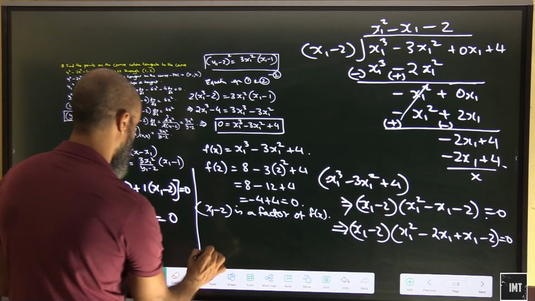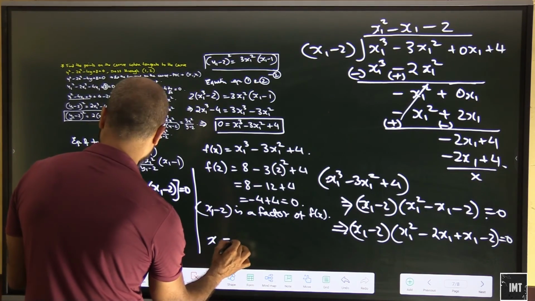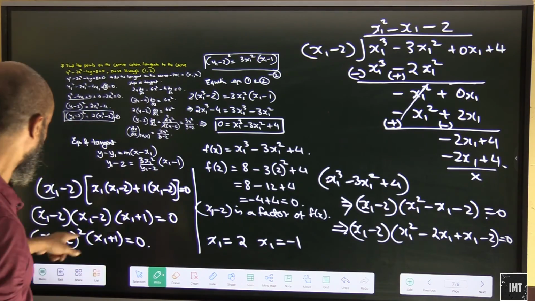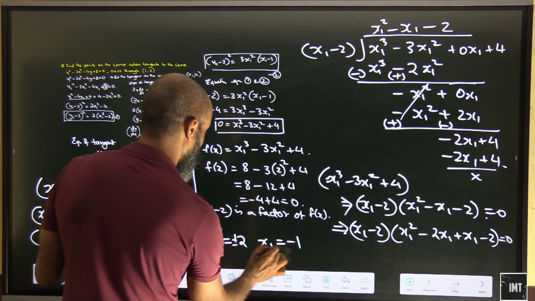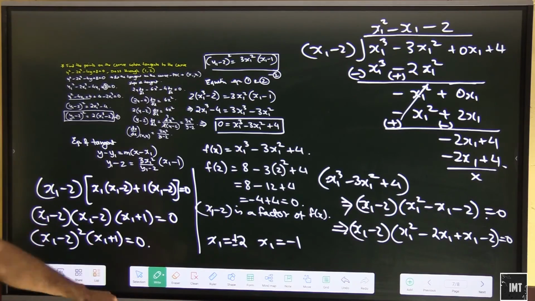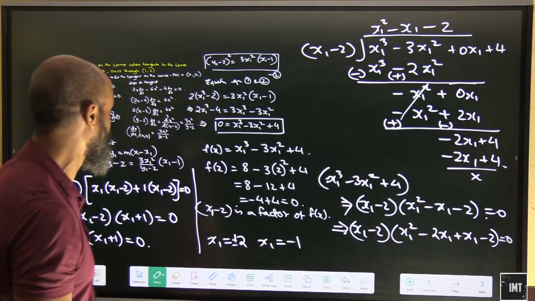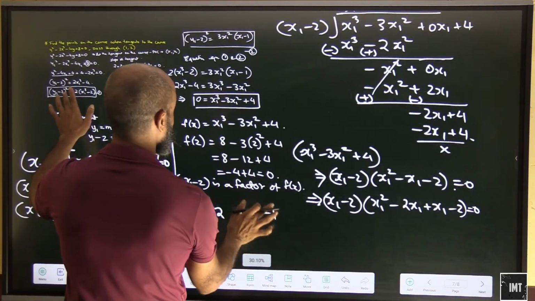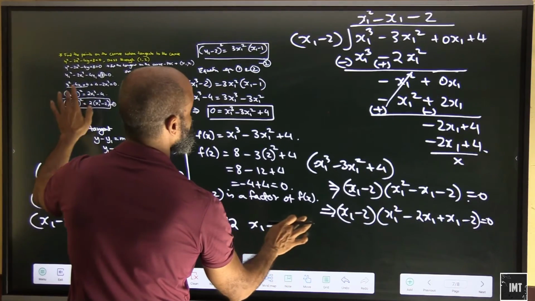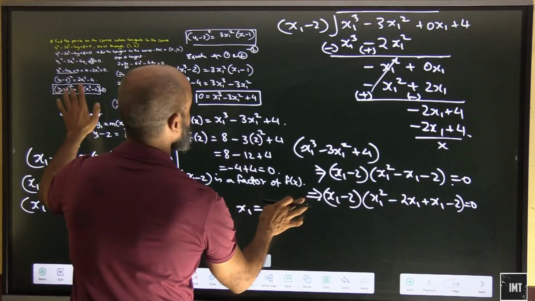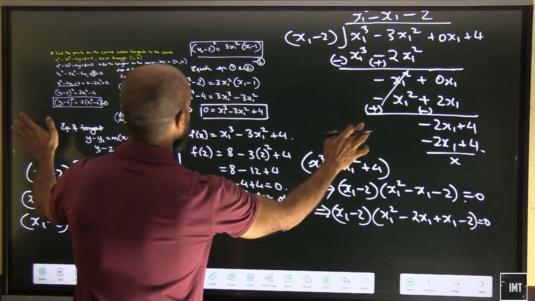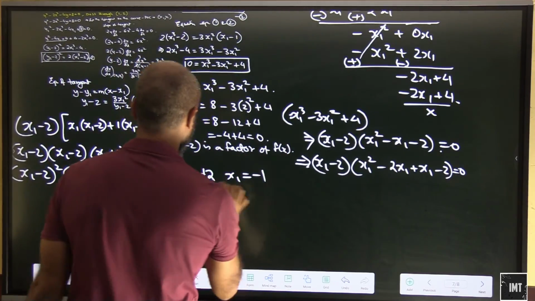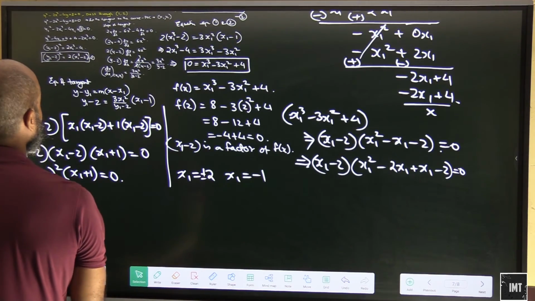Okay, so in this case we will have x = 2 and x = -1. So x will be 2 and x will be -1.